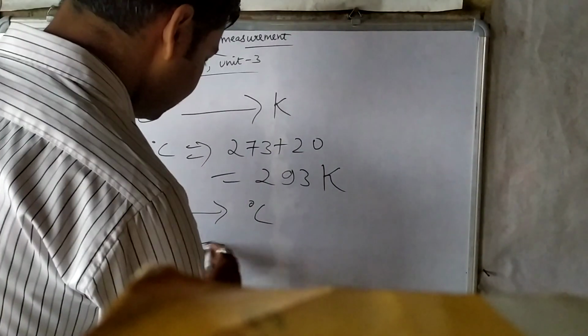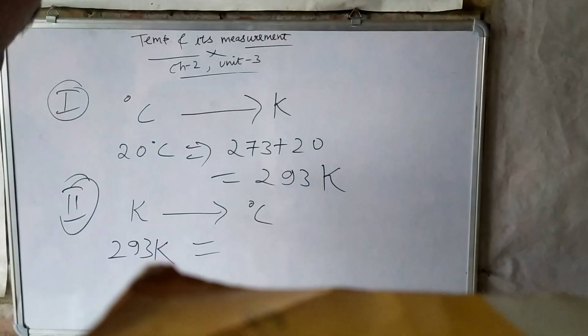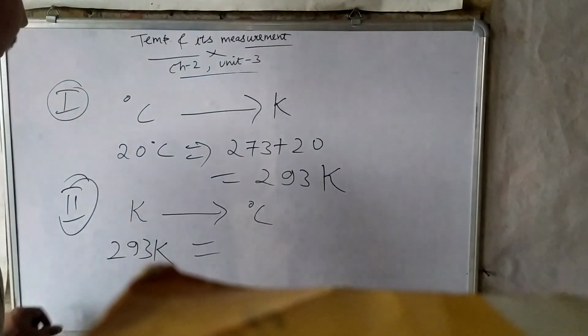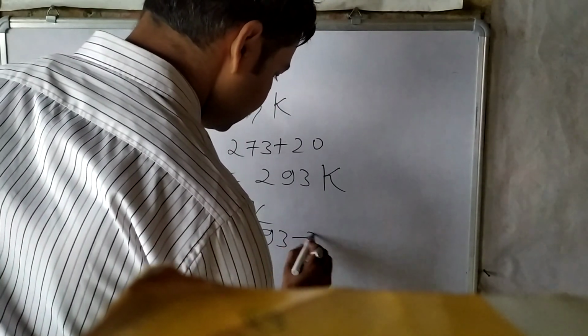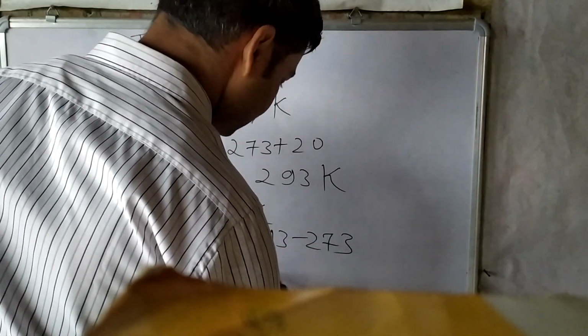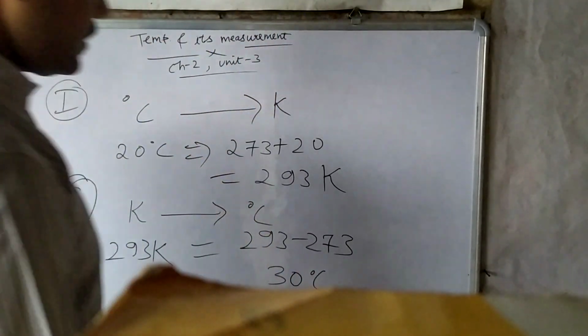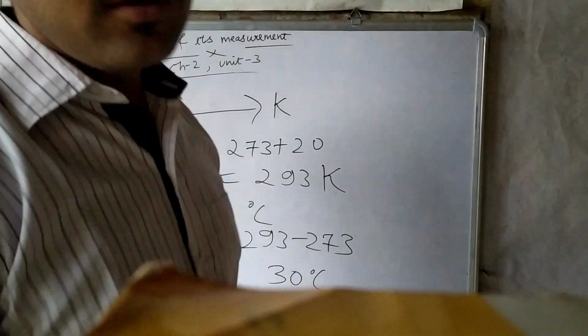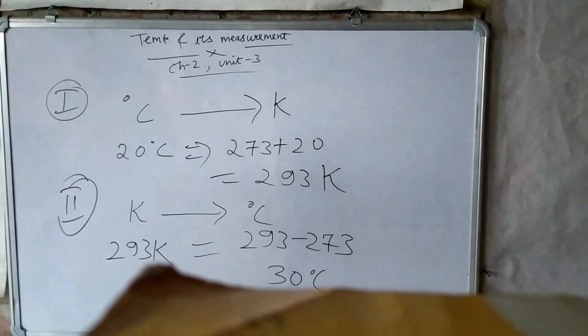We will subtract 273. That will be converted to 30 degrees Celsius. Understand?